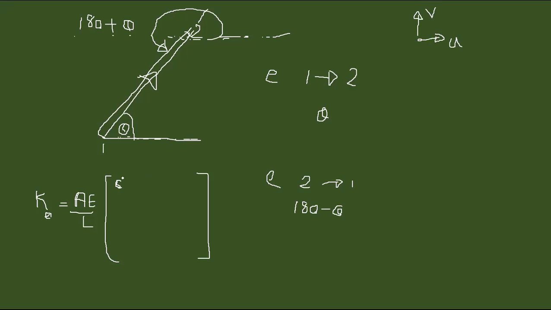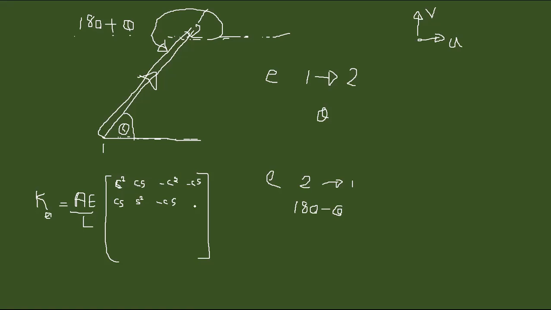So this will be c squared, cs, cs and s squared, and these four will be the negative sign of this one. So this is going to be minus c squared, minus cs, minus cs, and minus s squared.